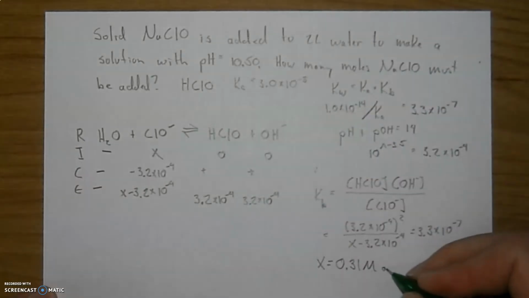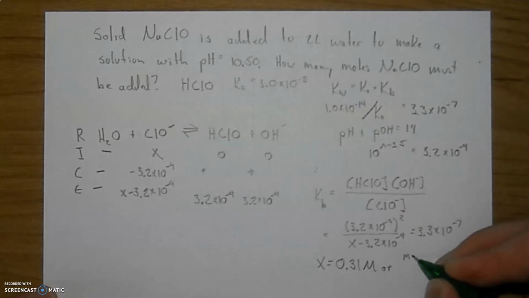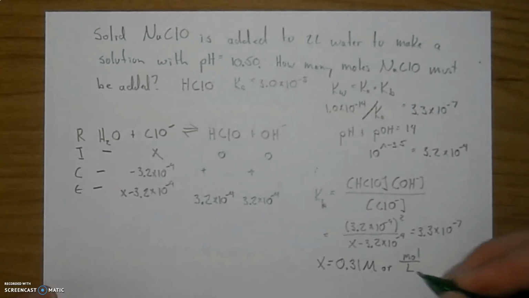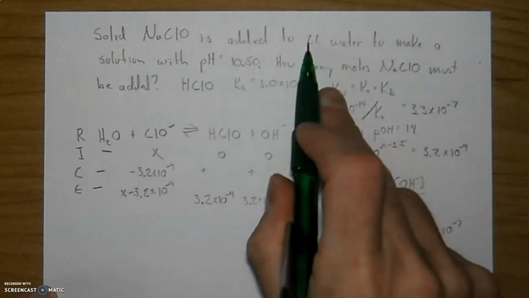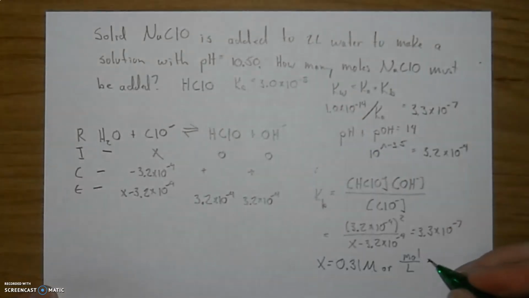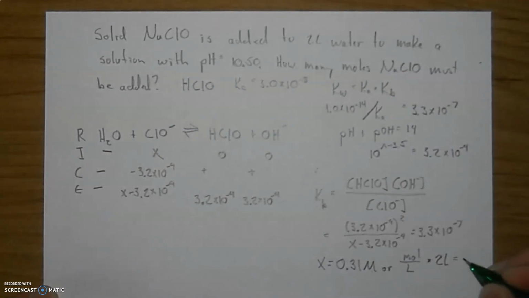So don't forget that molarity stands for moles per liter. Well, I have 2 liters. So if we multiply this times 2 liters, we will get 0.62 moles. There you go. That's the answer, and that is the end of this lecture.